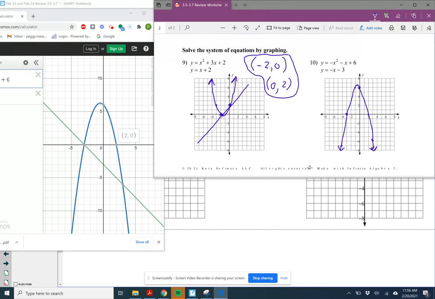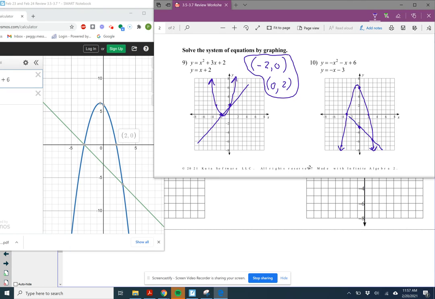Notice this one is going down from left to right. Slope is negative 1. Okay. Notice our y-intercept is negative 3 for that line. It's going through the point negative 3, 0. It's going through the point 3, negative 6. Notice where it's going with that slope of negative 1.